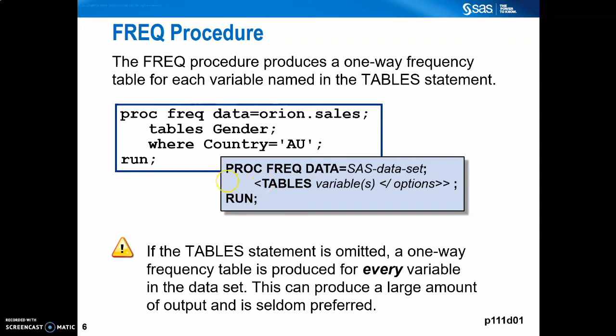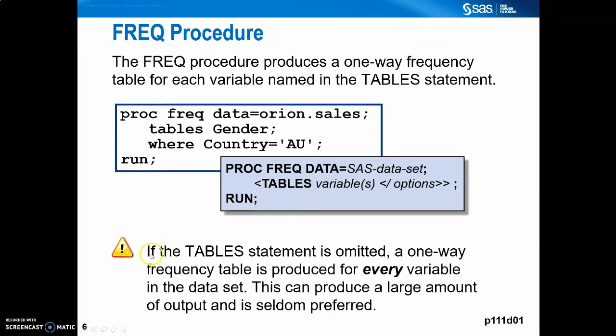In this second line, we are using the TABLES statement, which states the tables, followed by the names of variables to be created in the tables, and then followed by any options in the TABLES statement, then followed by the RUN semicolon.